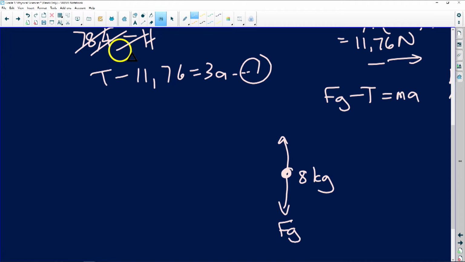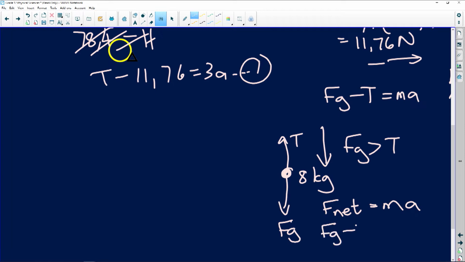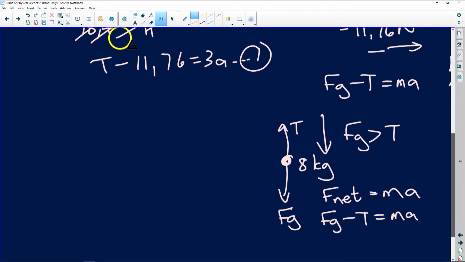If we have a look at the tension in the rope, which way is the system moving? It's moving down. And we always say the force of gravity is greater than T. So we're going to say F net equals ma. So it's always the bigger force minus the smaller one. So it's Fg minus T equals ma. Now we're going to substitute into that.